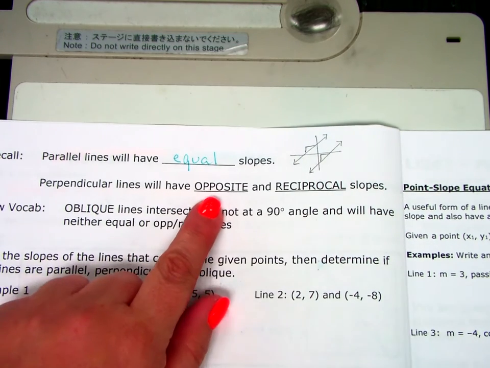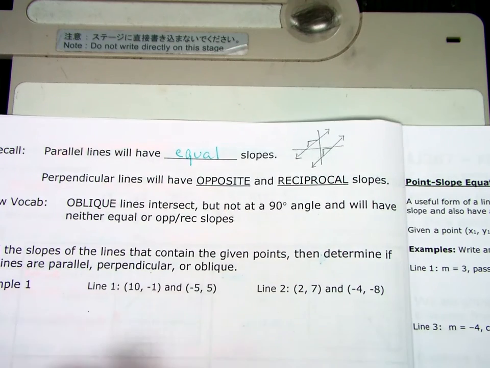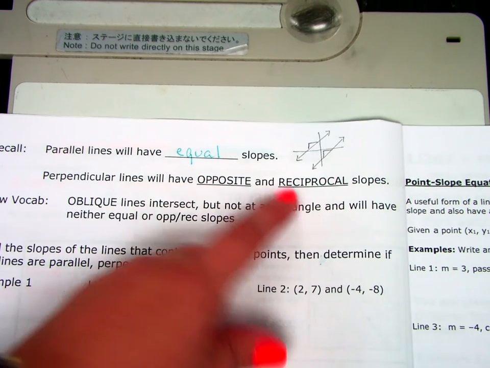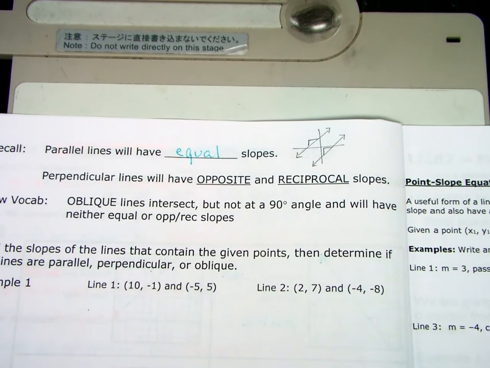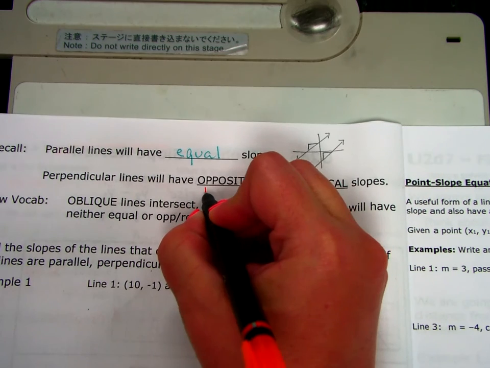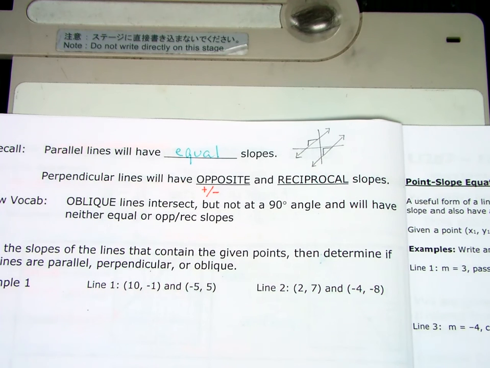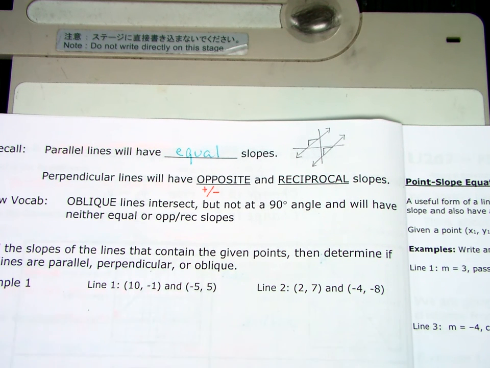And when you look at the slopes, they're going to be opposite, and they're going to be reciprocals. Do you know what I mean when I say opposites? One's negative, one's positive. They're going to have opposite signs. And do you know what it means to be reciprocal?